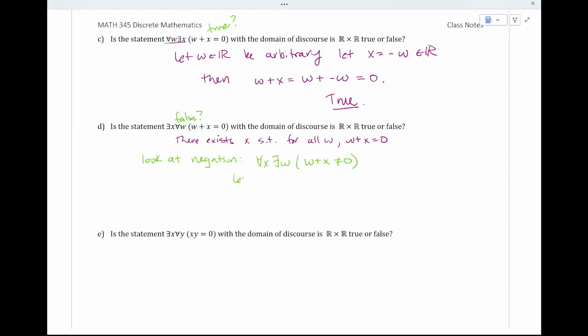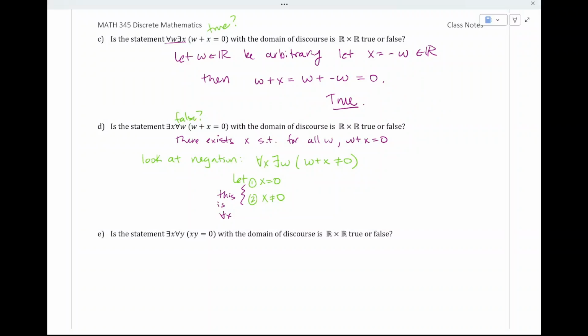Let's think about this. x could be 0, or x could be not 0, because this has to work for every value of x. Here is every value of x: x can either be 0 or x cannot be 0. That's all the values of x. What happens in each of these cases?